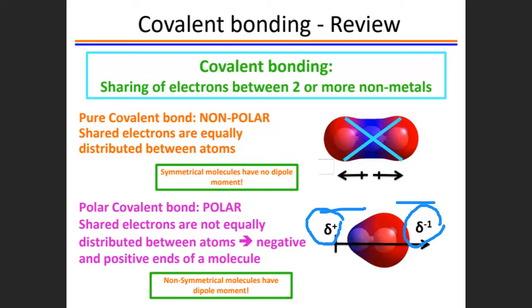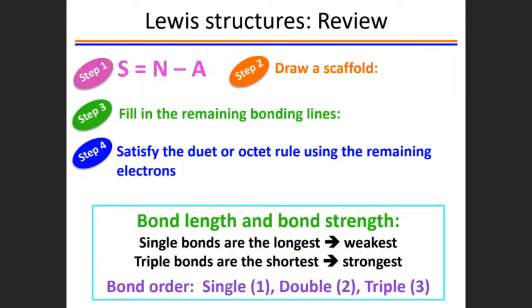Polyatomic ions especially follow this type of covalent bonding, with unequal electron distribution. Today we are going to see this and how we can calculate it.